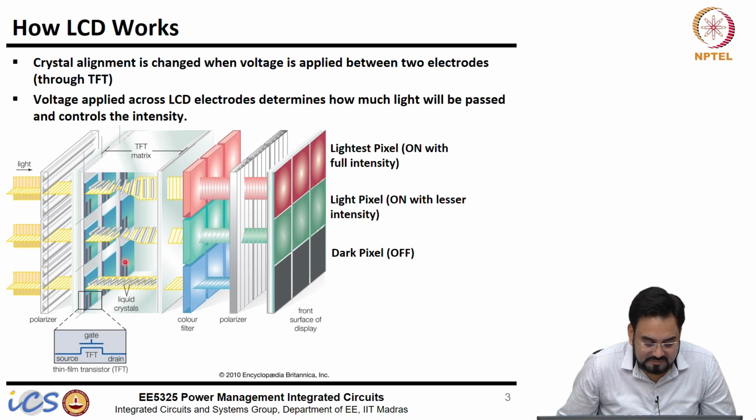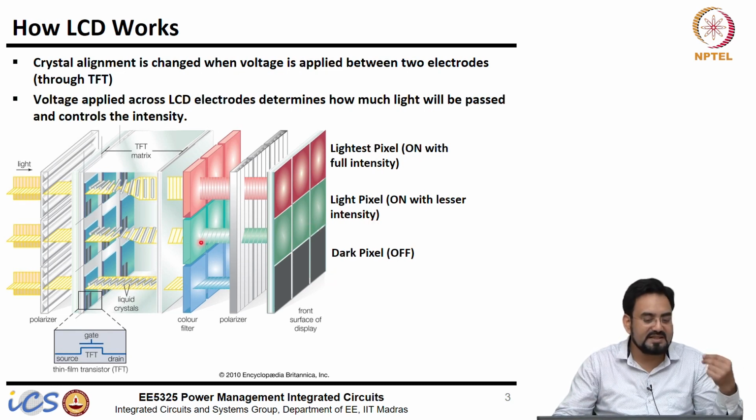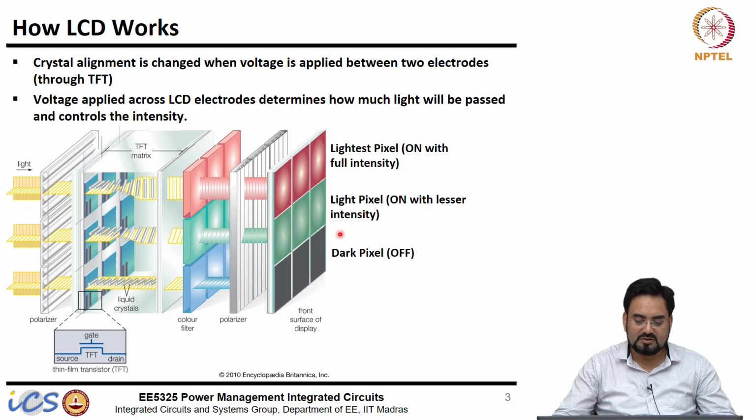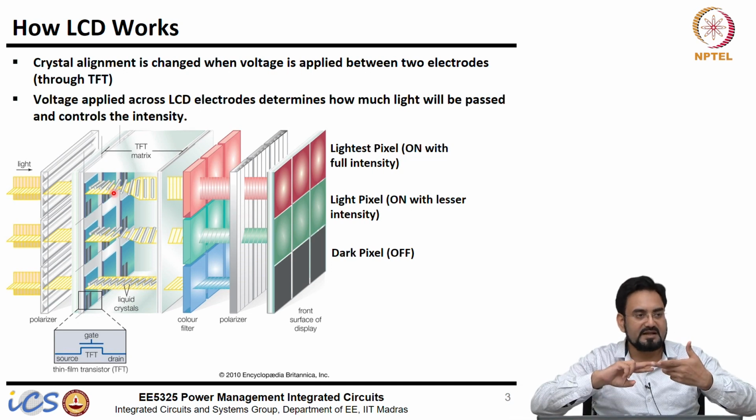Now if I want to increase intensity, let us say, what will happen? They will orient in such a way that some amount of light will pass, let us say 50%. Okay. So then your intensity will increase compared to your dark pixel, or what we say off pixel, when it's all black. Then if I want to further increase, let us say I make it a completely 90 degree twist.